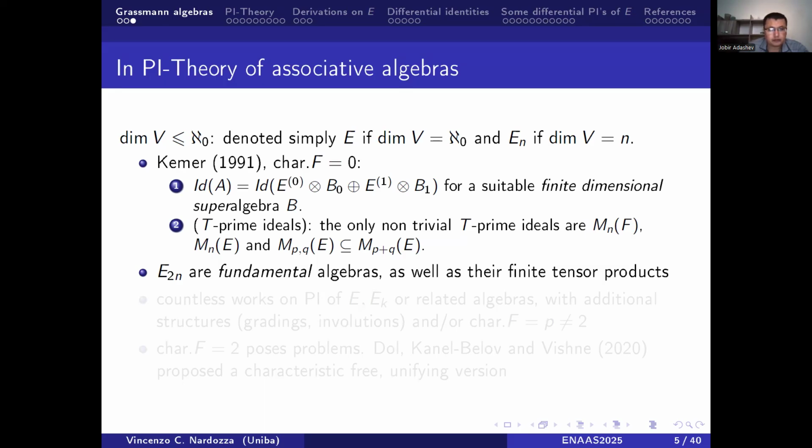What I call the first one is the bridging property of the Grassmann algebra, which can be stated as: any algebra with polynomial identities is PI equivalent, from the point of view of polynomial identities, to a finite dimensional super-graded, Z2-graded algebra B, through the passage to the so-called Grassmann envelope, which is the sum of tensor products.